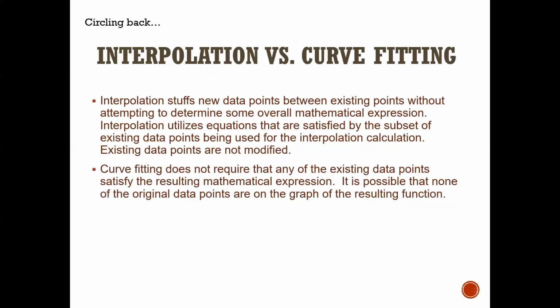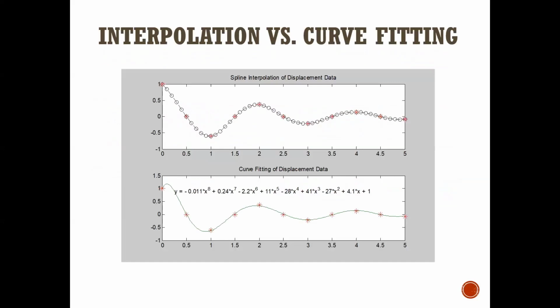Curve fitting is different, and I don't think I stressed this enough last week, because actually curve fitting sometimes means that you don't go through the data points. You try to fit to the data points, but you don't necessarily go through them. And a picture's worth 1,000 words, as they say. So this has an example of both interpolation, which is on the top, and curve fitting, which is on the bottom.